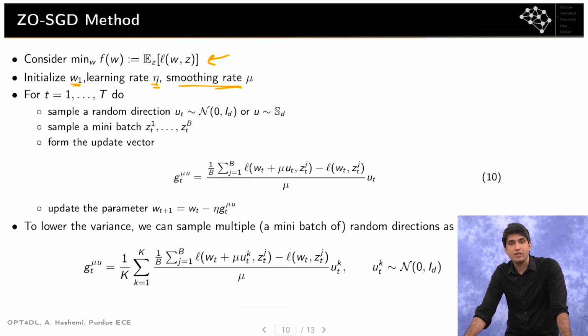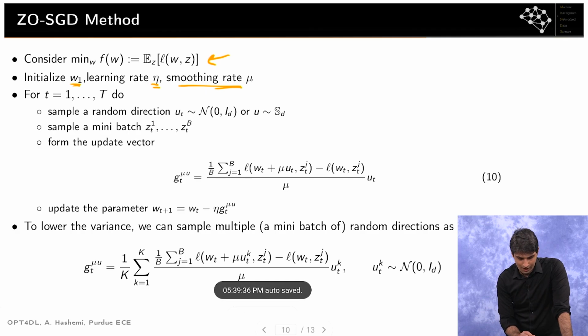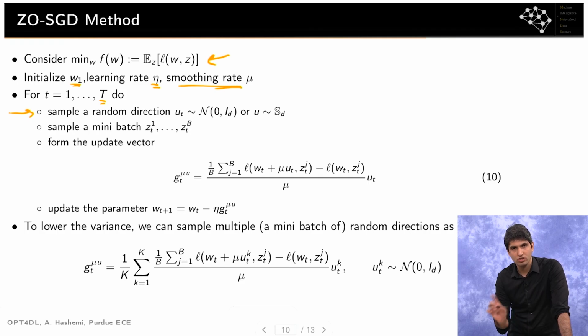And we're going to see in a minute why I call this the smoothing rate or the smoothing parameter. Okay. So we have an iterative algorithm. For capital T number of iterations, we're going to sample a random direction u from either the surface of the unit sphere, or according to the Gaussian distribution.